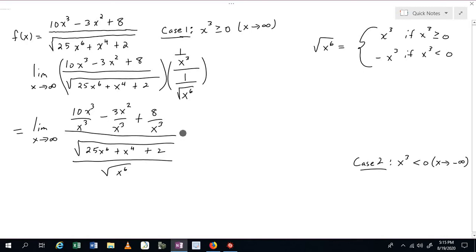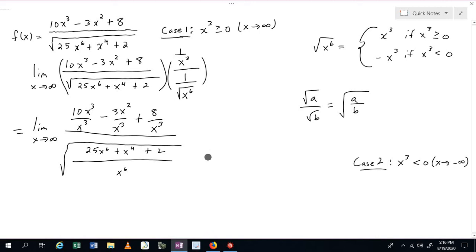One thing I want you to notice is you can actually write this as one big square root, simply because the square root of a divided by the square root of b is the same as the square root of a divided by b.